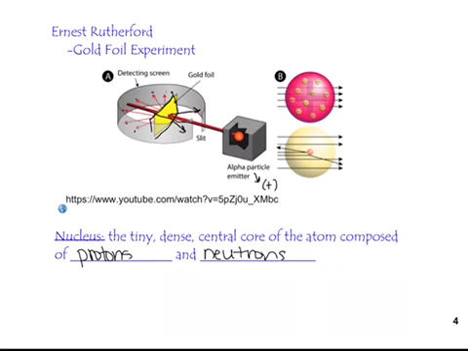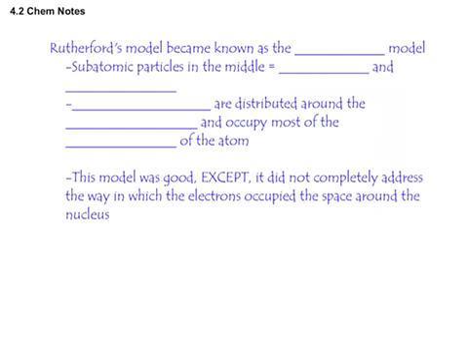And so what he thought was that instead of these positive particles just passing through, what they ended up doing was hitting another positively charged area, which we know as the nucleus, and that caused the deflection. So Rutherford's model became known as the nuclear model. And what this model stated was that the subatomic particles in the middle were the protons and the neutrons.